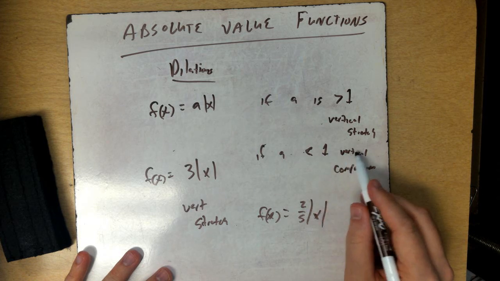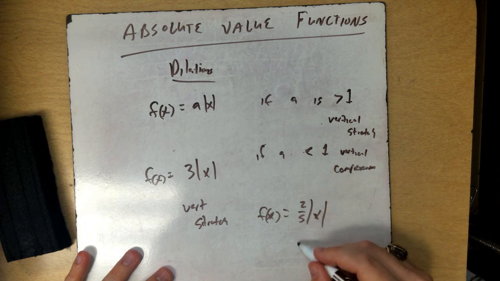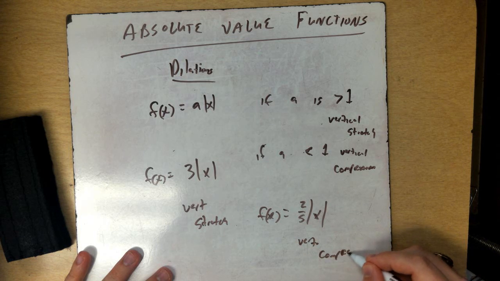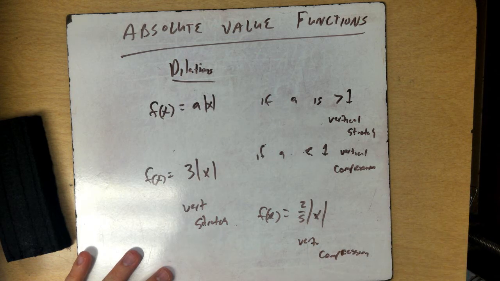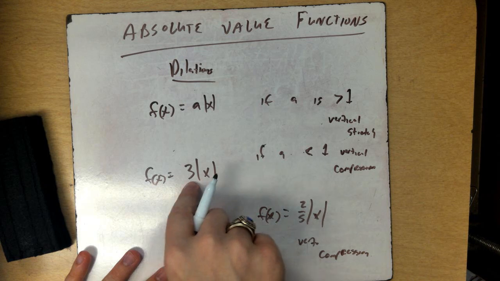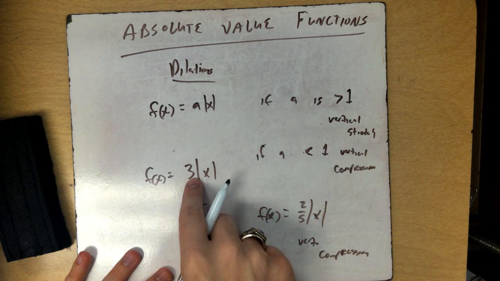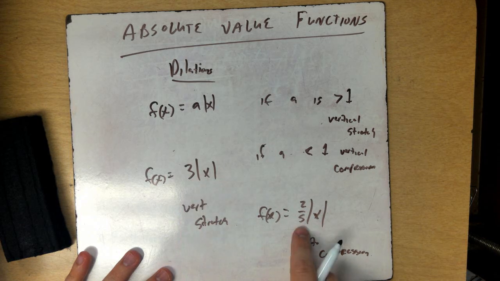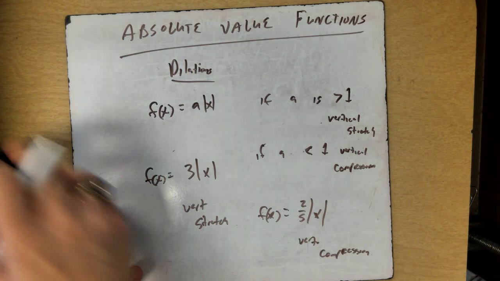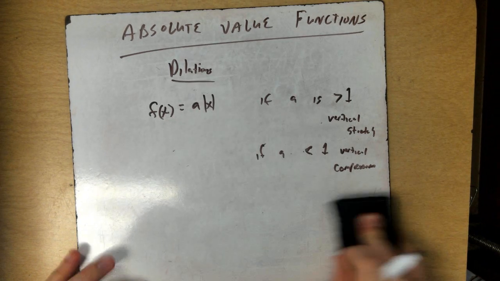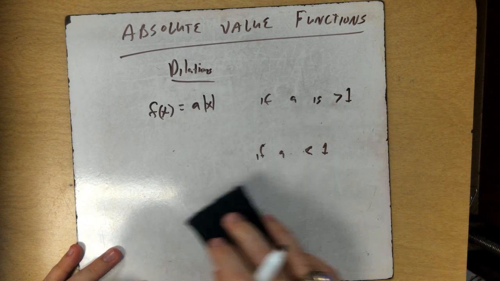It's a fraction less than 1, so it's going to be a vertical compression. All right. So remember, a number outside the parentheses is going to be vertical, and if it's bigger than 1, it's a stretch. If it's smaller than 1, a fraction, it's compression. I'll leave that up there.